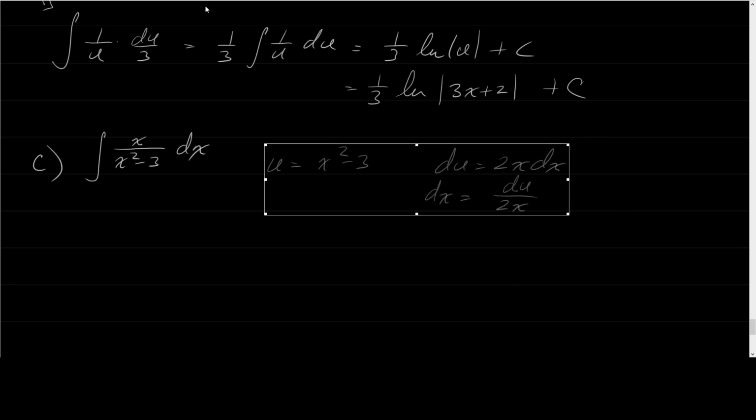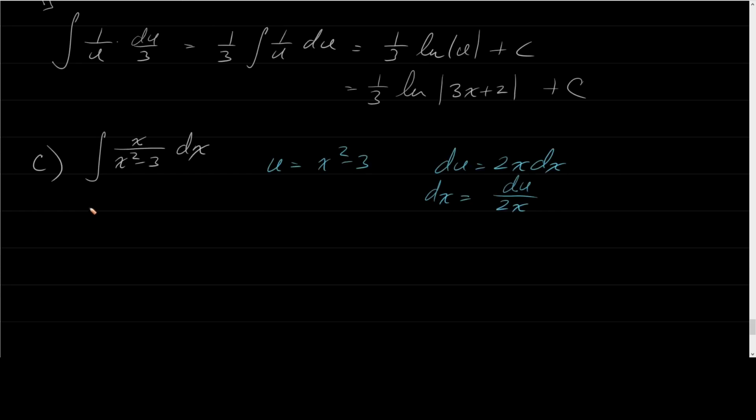So I'll change the color. Now we can say that this integral becomes the integral of this x up here, which was not part of our substitution, so I rewrite it. This x squared minus 3, that was our substitution. This dx became du over 2x.